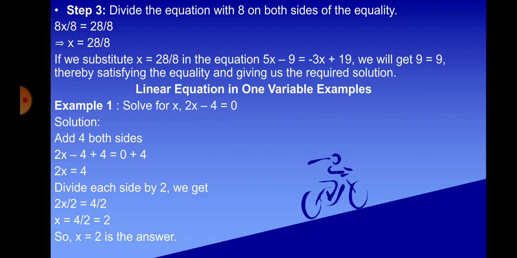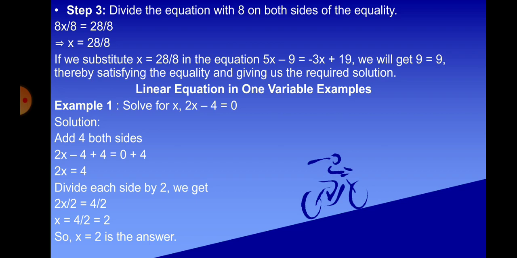So here are linear equation in one variable examples. Example number one: solve for x, 2x - 4 = 0. Here is the solution. Add 4 to both sides.